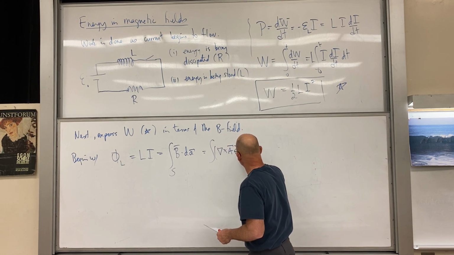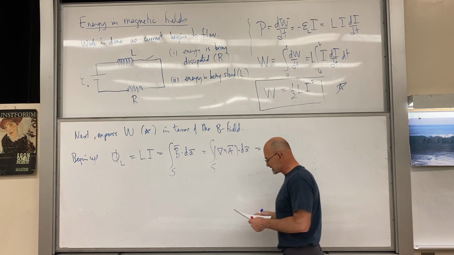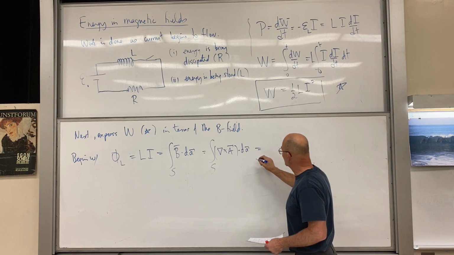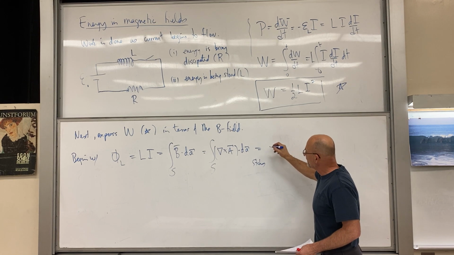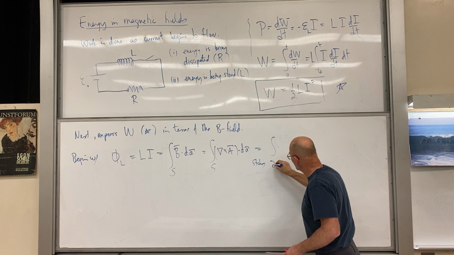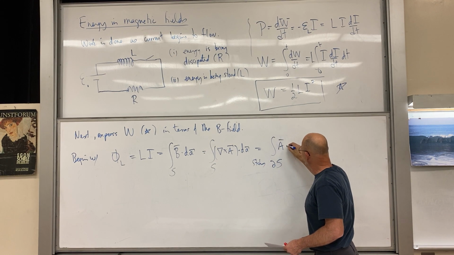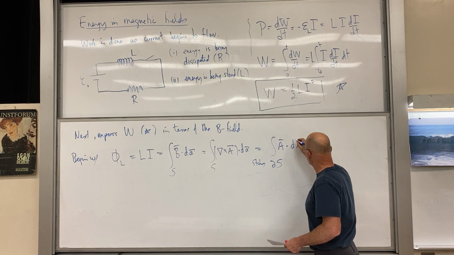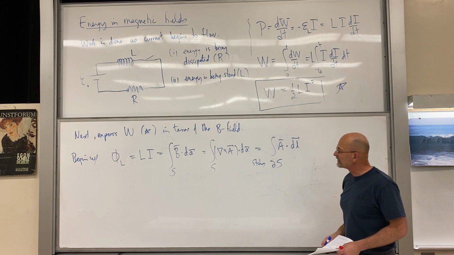I'm going to dot that into dA, and I can express that using Stokes' theorem as the line integral along the boundary of my surface, A dot dl, like that. Okay. So that's the flux.